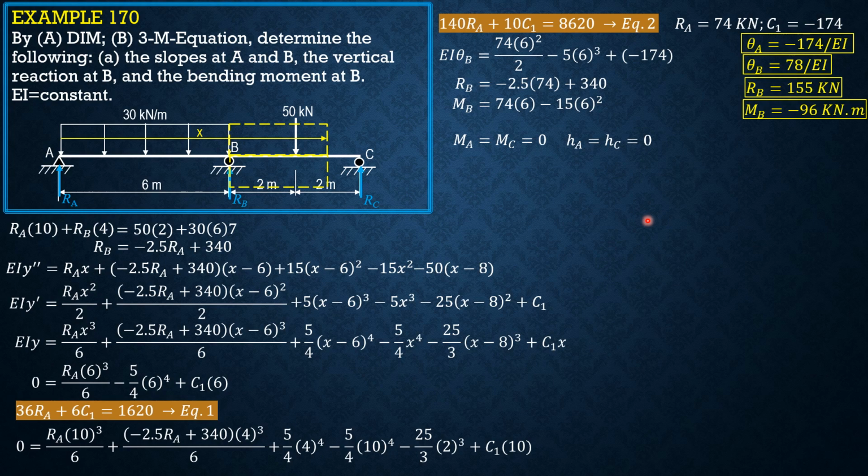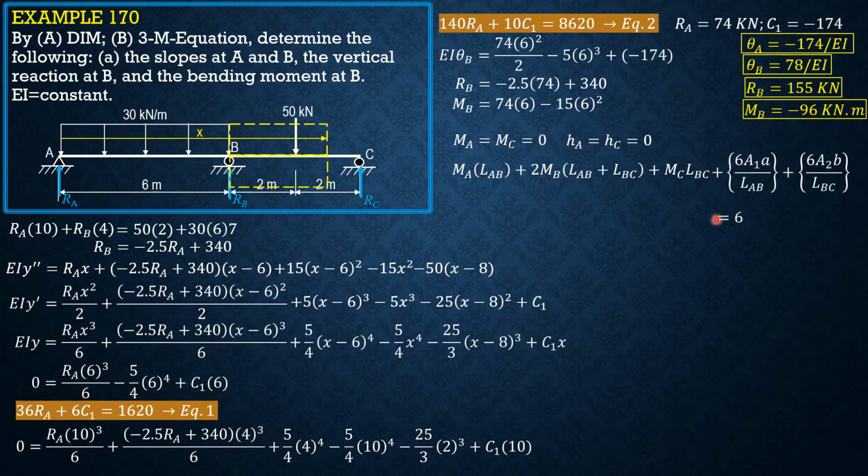Then the general three-moment equation is MA LAB plus 2MB quantity LAB plus LBC plus MC LBC plus quantity 6 area 1 A over LAB plus quantity 6 area 2 B over LBC equals 6EI quantity HA over LAB plus HC over LBC.